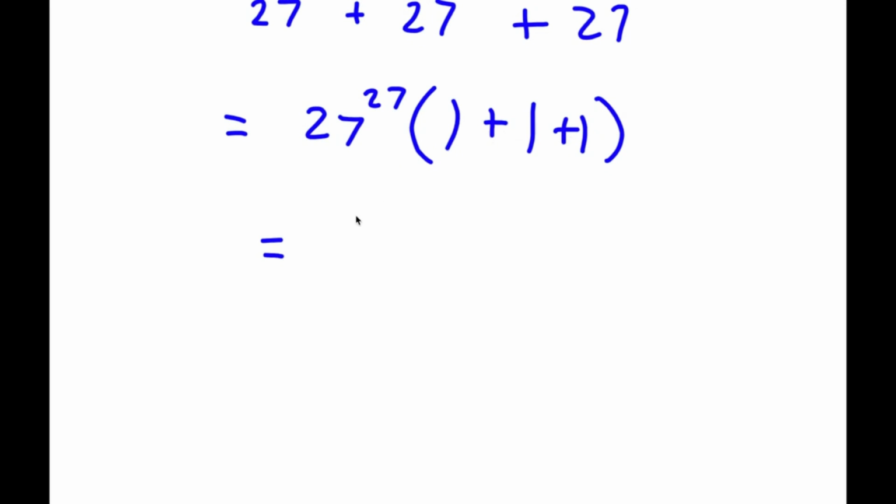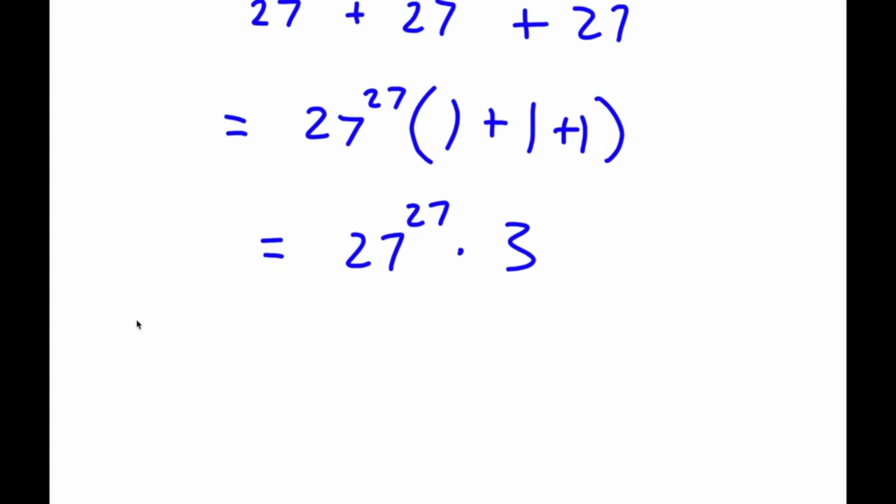Now 1 plus 1 plus 1 is 3. So I have 27 to the power of 27 times 3. Now, if we want to multiply these two, we want to have them be the same bases. So 3 can't be simplified. The only thing that's left to simplify is 27.